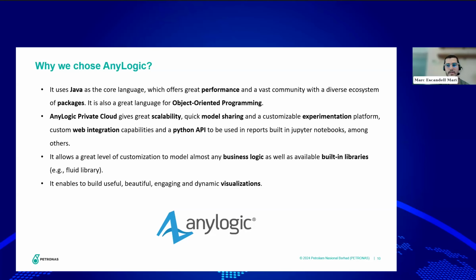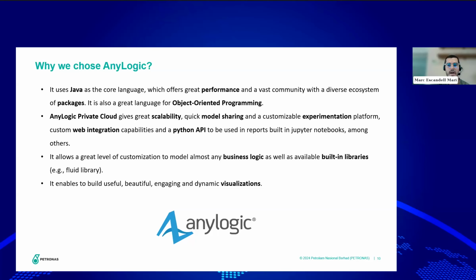Just to share an experience that we faced when building an optimization model using another language. We built this system using Python, which I'm assuming is the most used language now. But when you are building at a very low level, Python is not a language that performs well at all.